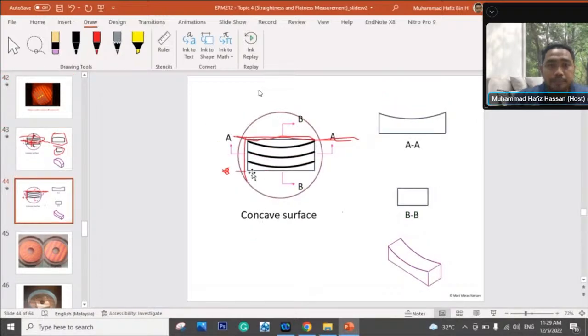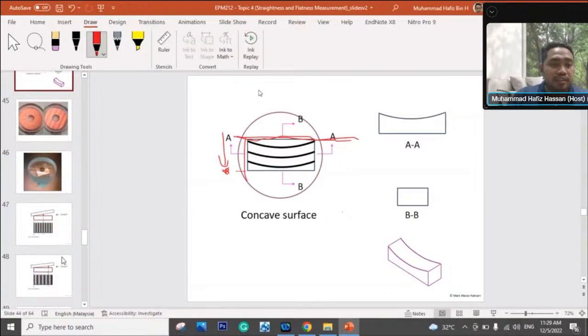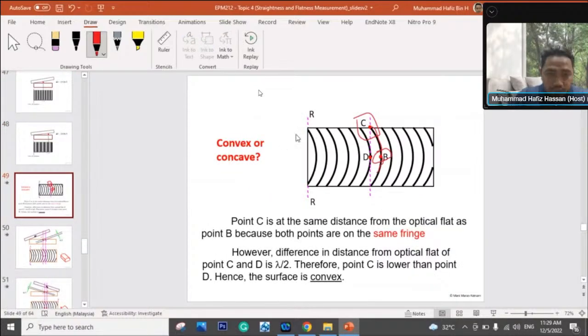A is the contact point. You can see they are moving like this, so they have a concave position. The same goes for this one. You can see here, and then they will be like this.